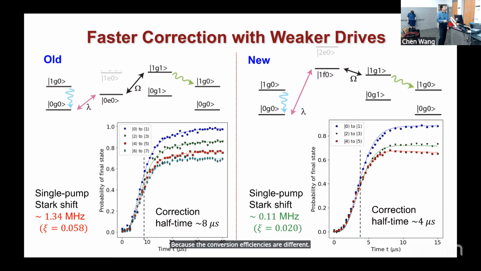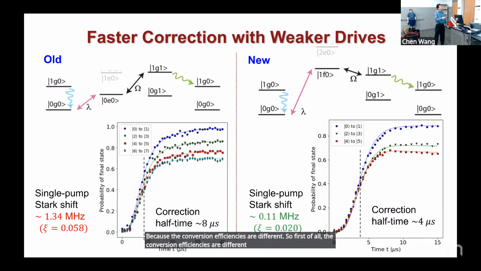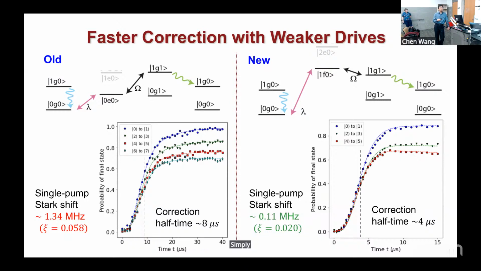First of all, the conversion efficiencies are worse at higher photon numbers, simply because we have finite correction speed, which is in constant battle with the decay, which is faster from 7 to 6 than from 1 to 0. So that's why at higher photon numbers the corrections are harder. Basically the fidelity is lower. So that already is a fundamental problem.